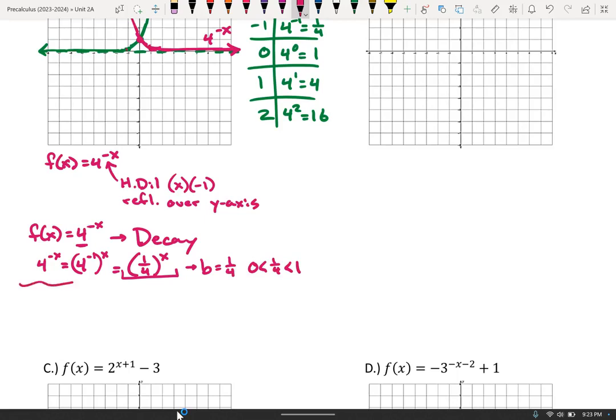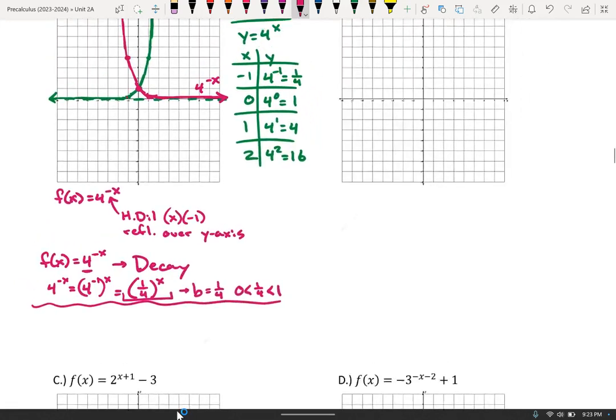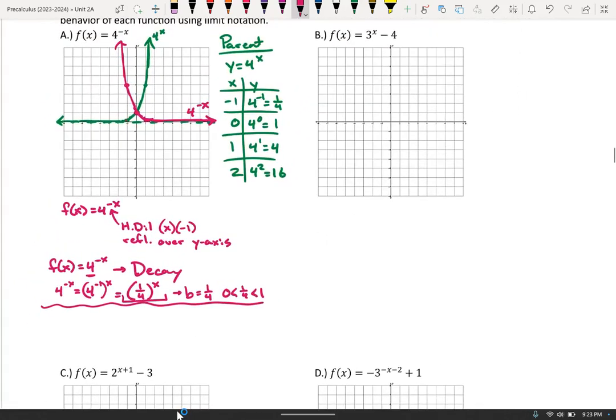So we do want to go ahead and talk about our end behavior real quick. So let's do that. End behavior. Again, this is for our final function, not the original function, but my final function. So we're going to talk about the end behavior on the left and on the right. So on the left, that would be the limit as x goes to -infinity of our function f of x.